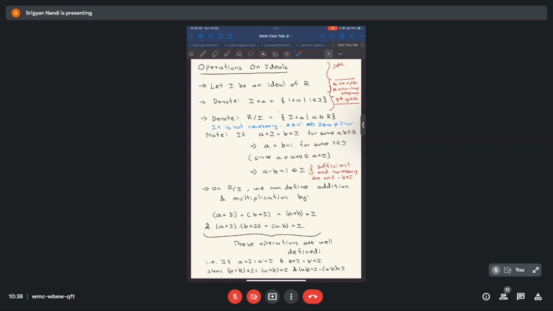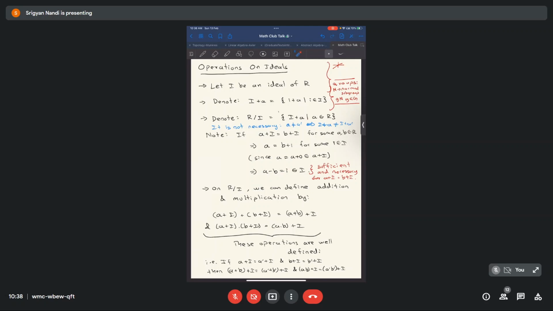So to be well defined means if a plus I is equal to a dash plus I and b plus I is equal to b dash plus I, then we must have by necessity that a plus b plus I should be equal to a dash plus b dash plus I, and ab plus I should be equal to a dash b dash plus I. Again, this is another elementary result, so I will not be proving it here. We can just assume that these operations are well defined.